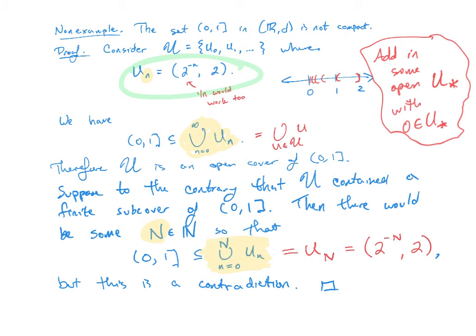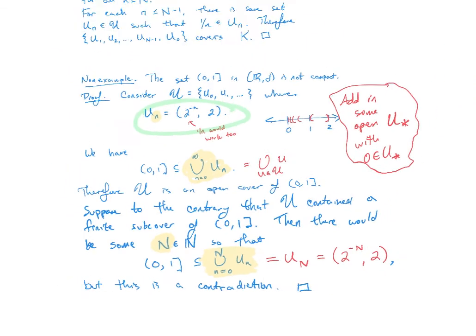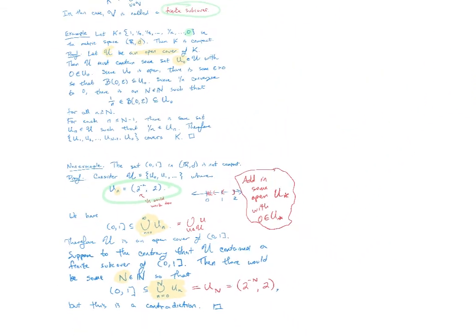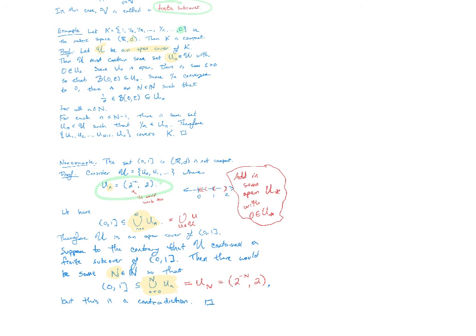Now do we have a finite subcover? Yes, because we can take the neighborhood around 0 and then take one of these UNs that overlaps it, and then we have a finite subcover with only 2 sets.